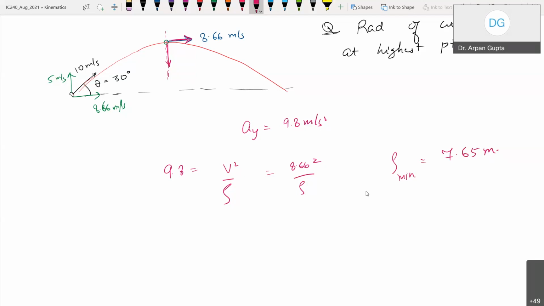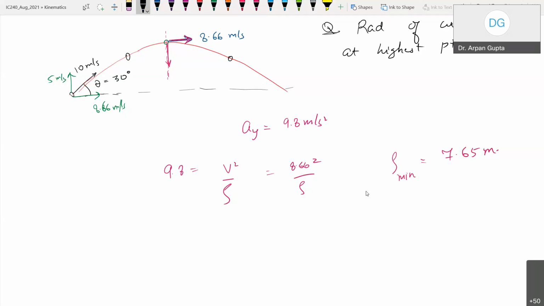So that is a very simple example to show that although this is moving in a complicated, parabolic path, at every point you can in fact calculate the radius of curvature, assuming that at this point it is undergoing pure circular motion.